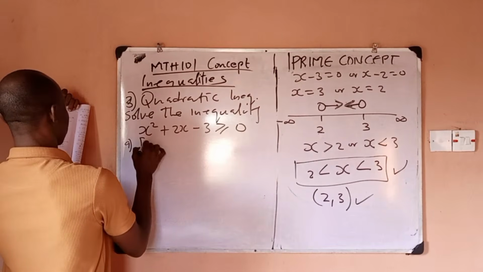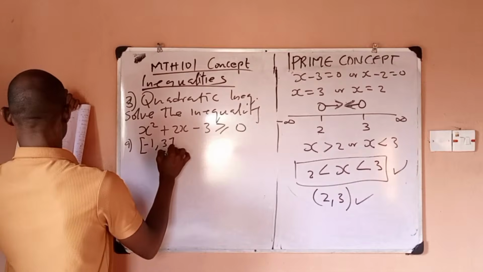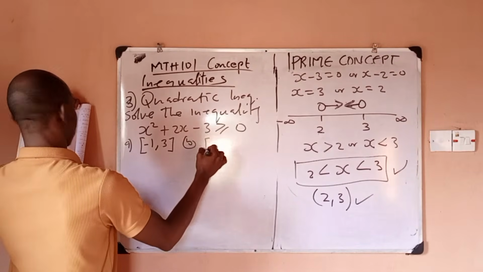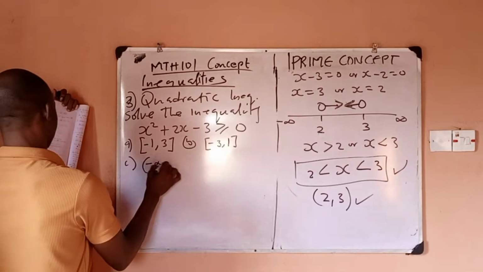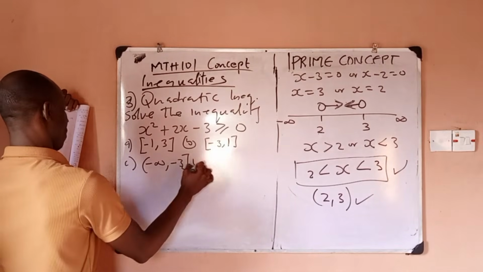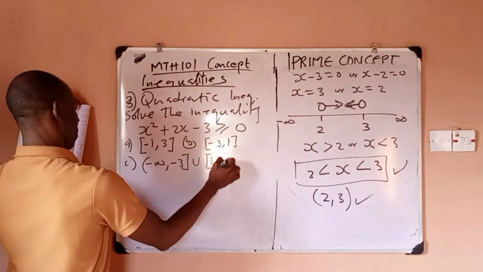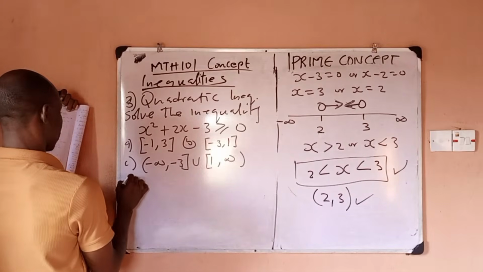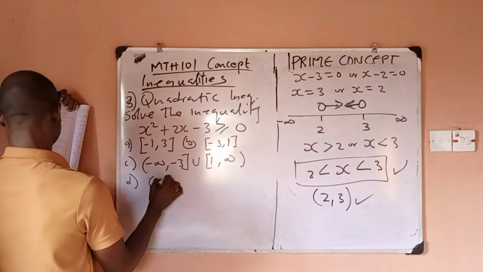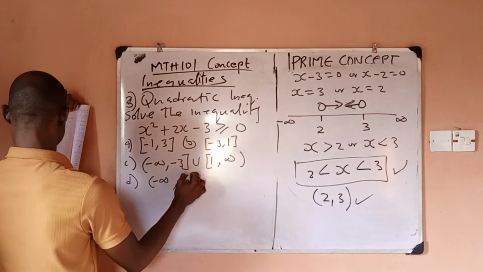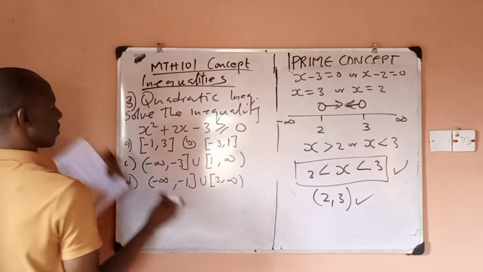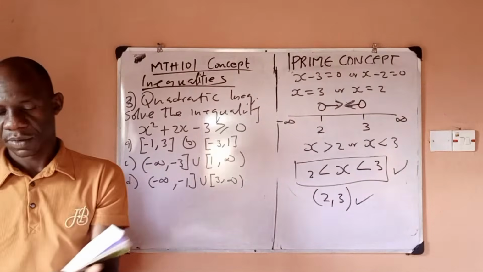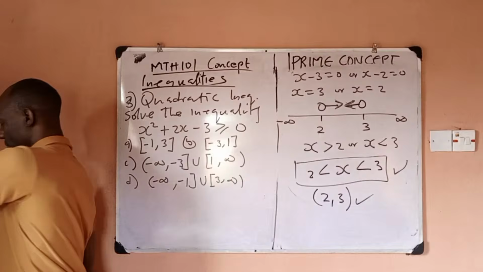Option A, option B, option C, option D. So solve this. Giving you 30 seconds.